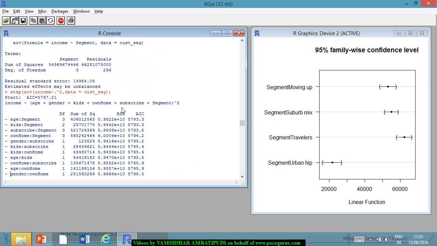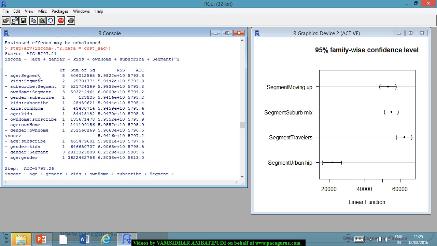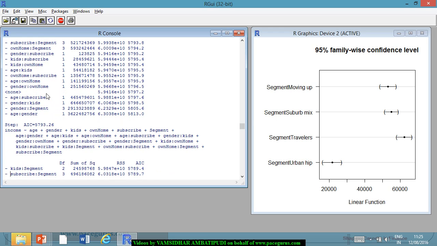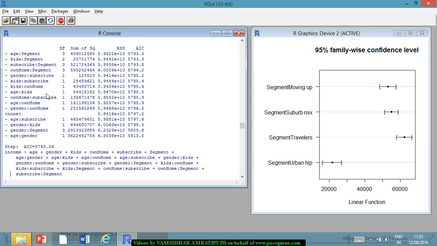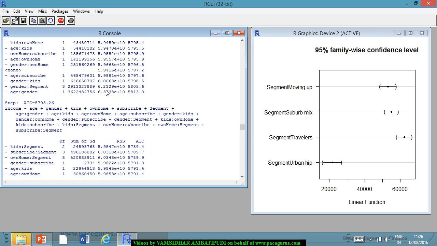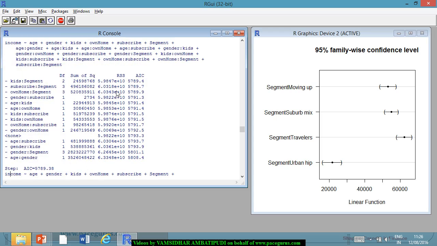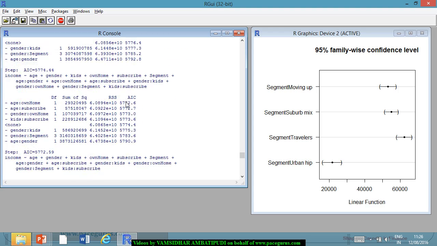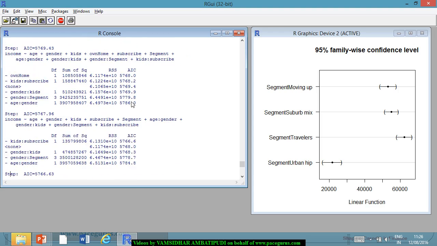So it starts with age, kids, each one, and their interaction effects as well. So all of them will be typically considered. So this is how the model starts: age, gender, kids, all of them, and it keeps removing one by one as long as the AIC is coming down, and overall it narrows down.